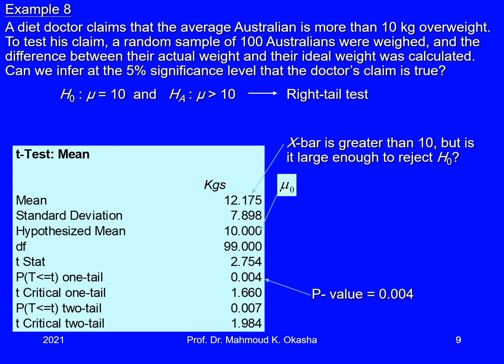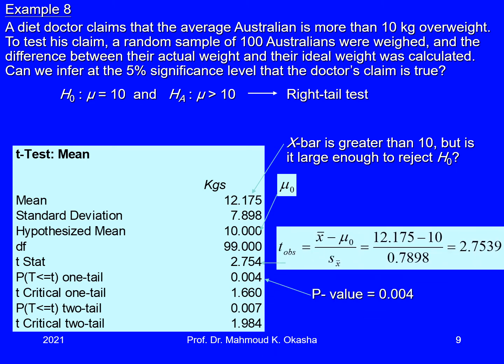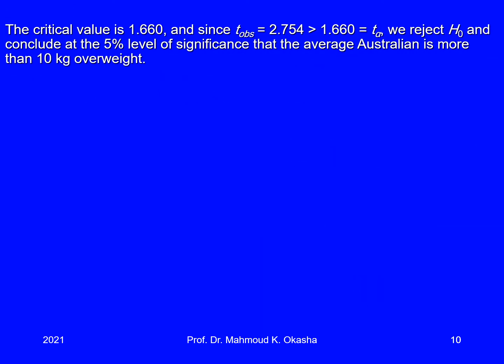The p-value here is 0.004. So the observed T is 2.76539, which is well above the critical value of T. So we must reject the null hypothesis.